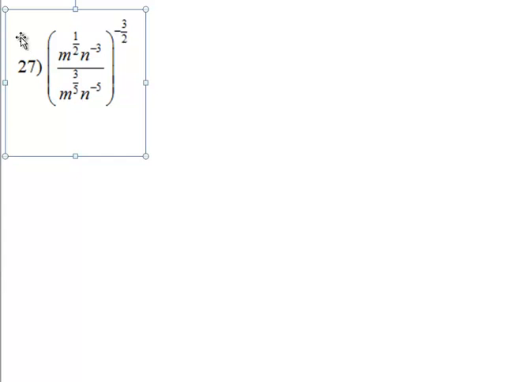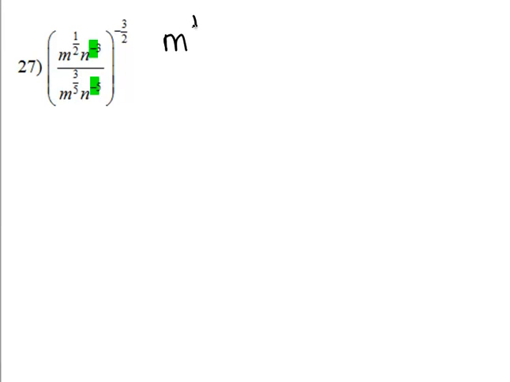Give myself a little more room here. This is, again, pretty complicated, and I think the first thing I'm going to do is deal with the negative exponents. These n's both have negative exponents. So I'm going to rewrite this, for the sake of keeping things tidy, as m to the 1/2 over m to the 3/5 times, and I'm going to do the switch right now.